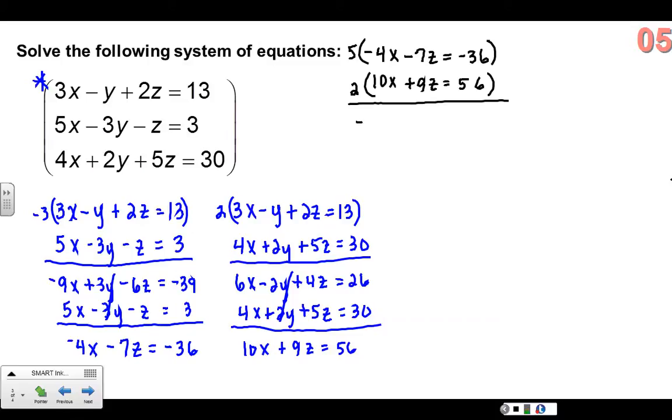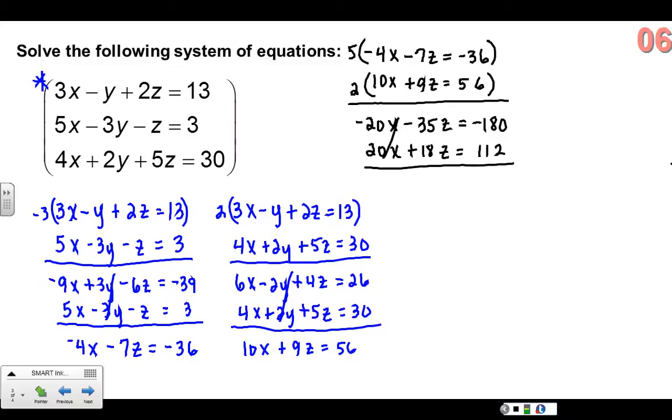That would give me negative 20x minus 35z equal to 36 times 5, negative 180. And then on bottom, 2 times 10x is 20x plus 18z equal to 112.